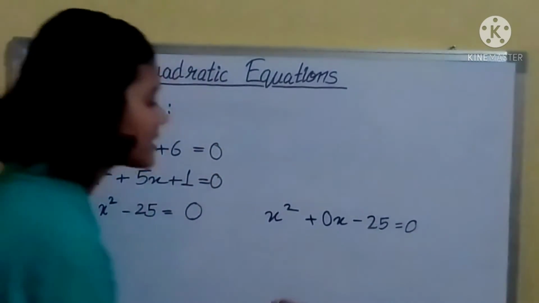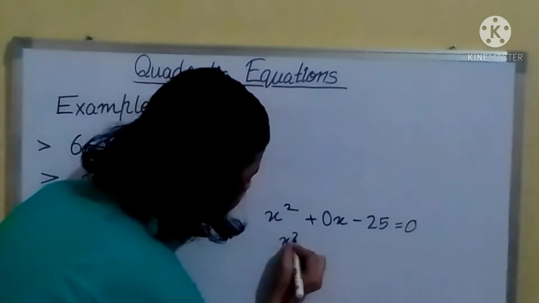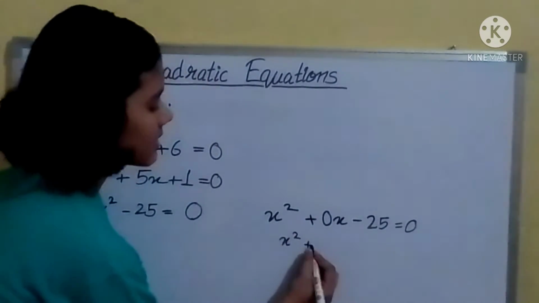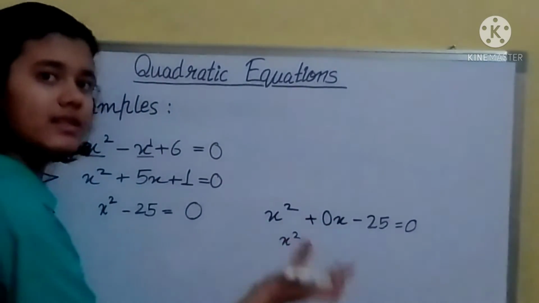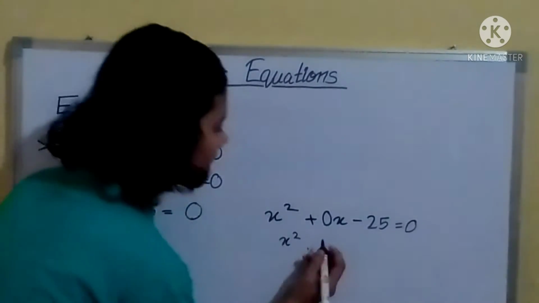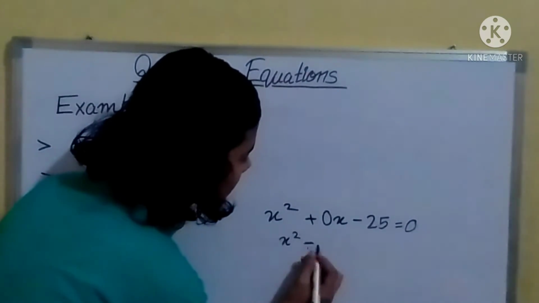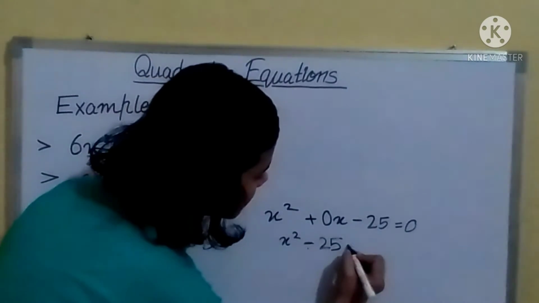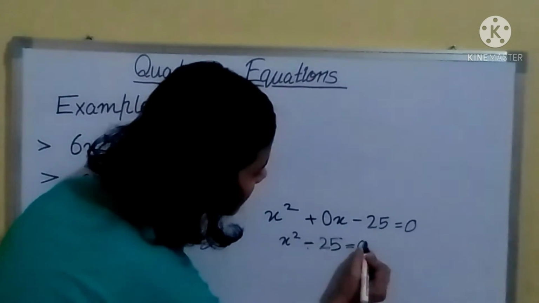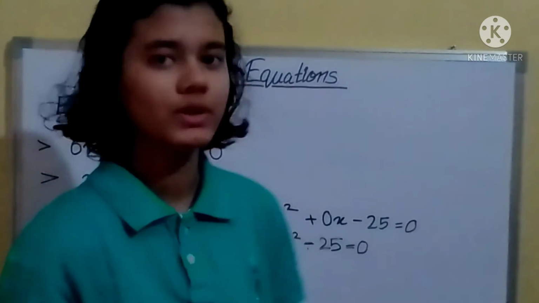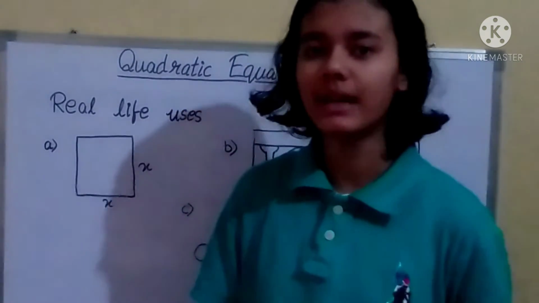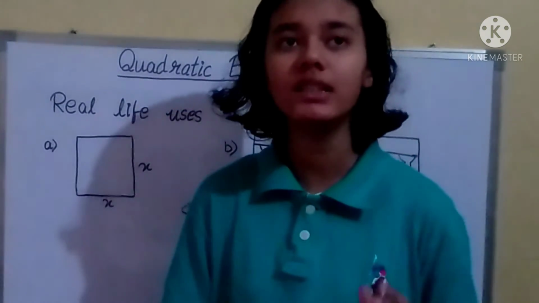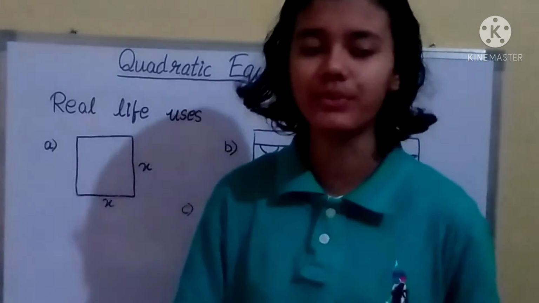But when we simplified it, it became x² minus 25 is equal to 0. Okay.